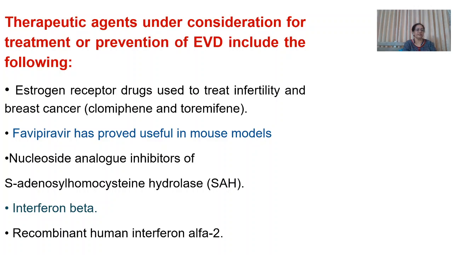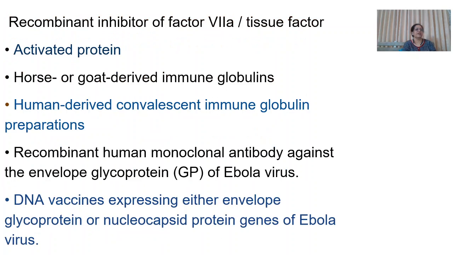Nucleoside analog inhibitors of SAH, that is S-adenosylhomocysteine hydrolase, are also used in the treatment. With that, interferon beta, recombinant human interferon alpha 2, as well as recombinant inhibitor of factor 7A, which is tissue factor, and activated proteins, and immunoglobulins derived from horse or goat, can be used in the treatment.